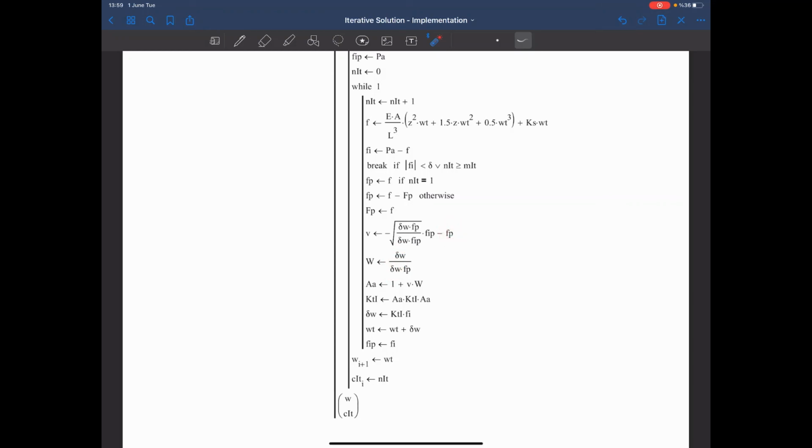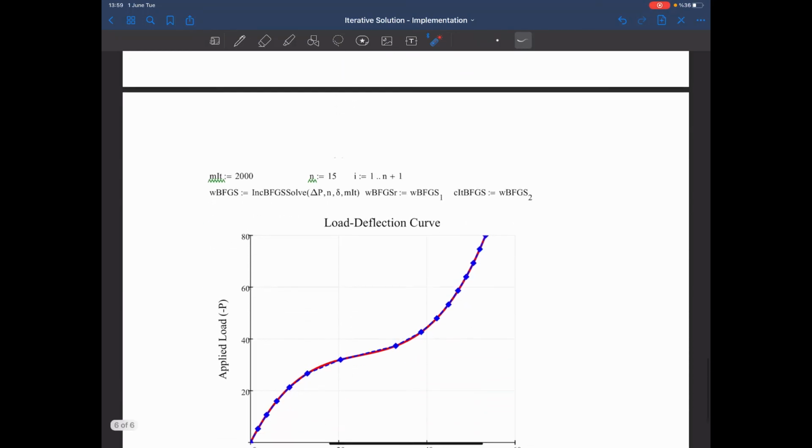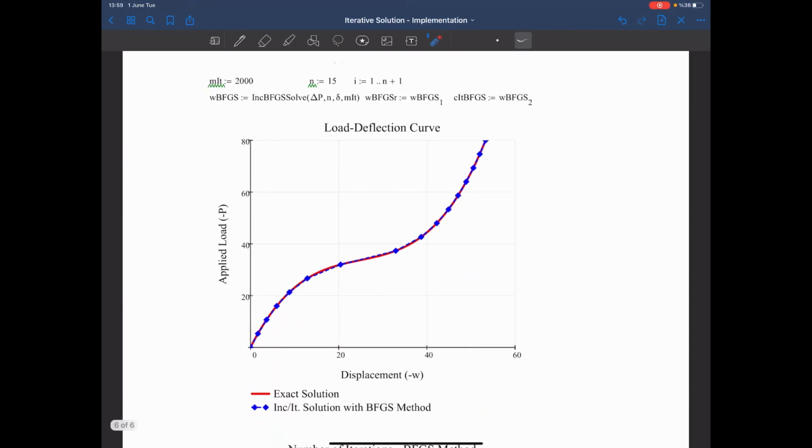So by using these updates, let's take a look at how it works. Again, I didn't use the exact tangent stiffness, and I didn't use the initial stiffness; I keep updating the inverse of that matrix.